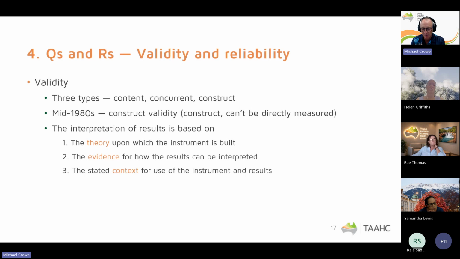Another example is the aged care algorithm that's been used by the Commonwealth Department. Even the person who developed that algorithm has stated that they are not using it the way it was developed, and it hasn't been tested in the way that it has been used, and shouldn't be used as a result.